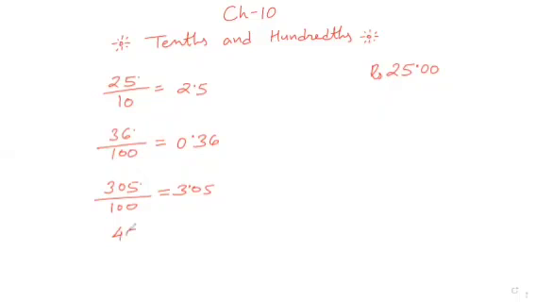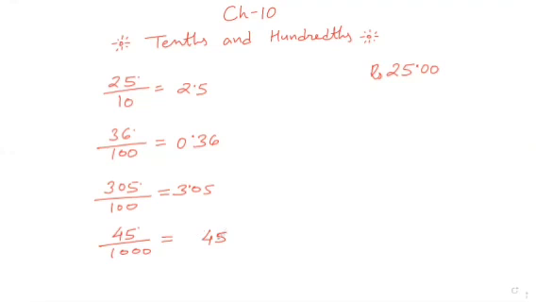Now, I am going to tell you one more example. Suppose I have 45 upon 1000, the third fractional number. What will it be? Yes, please guess. Two places are there, so I write here 4, 5. Now you see the decimal is here. If I shift it this side, there is no place after this one, so I have to create some places. How will I create that? By putting zeros.